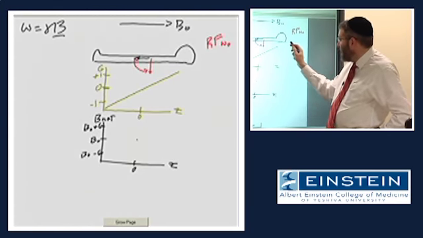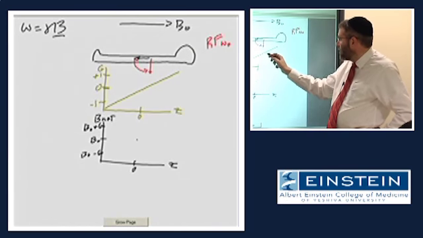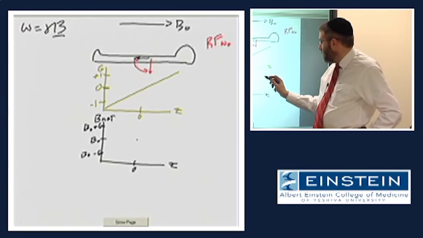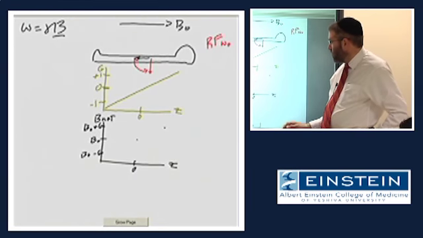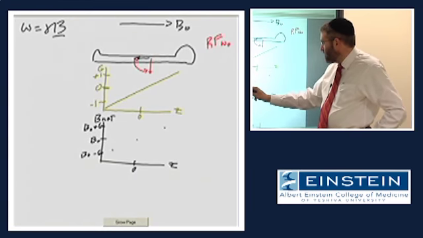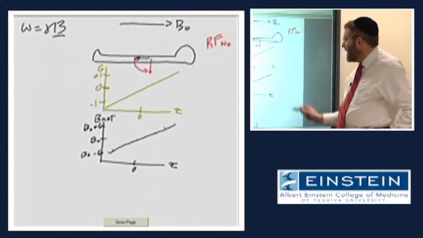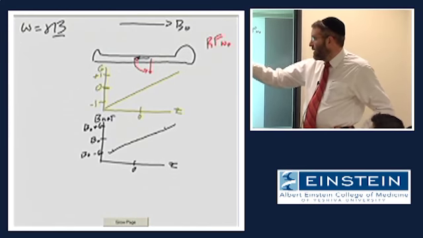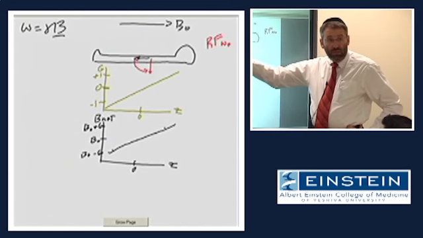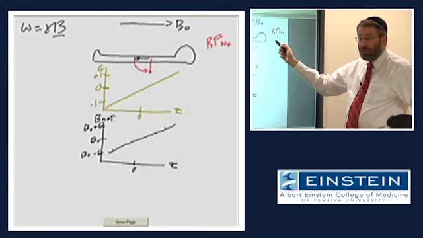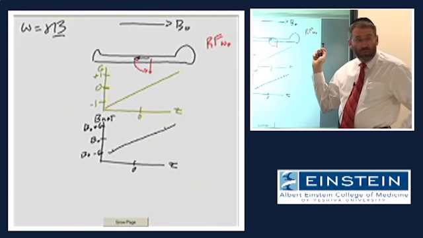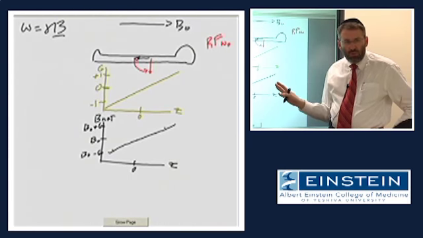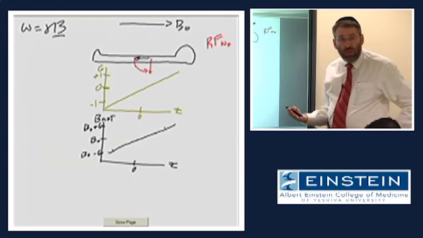As we move to the right, we have this positive gradient magnetic field strength added to B naught, and we get progressively stronger. Whereas as we go to the left, we get progressively weaker. So what happens in the presence of this gradient magnetic field is that there is a variability of the magnetic field strength experienced by spins as we move from foot to head and vice versa. Okay, is that clear?